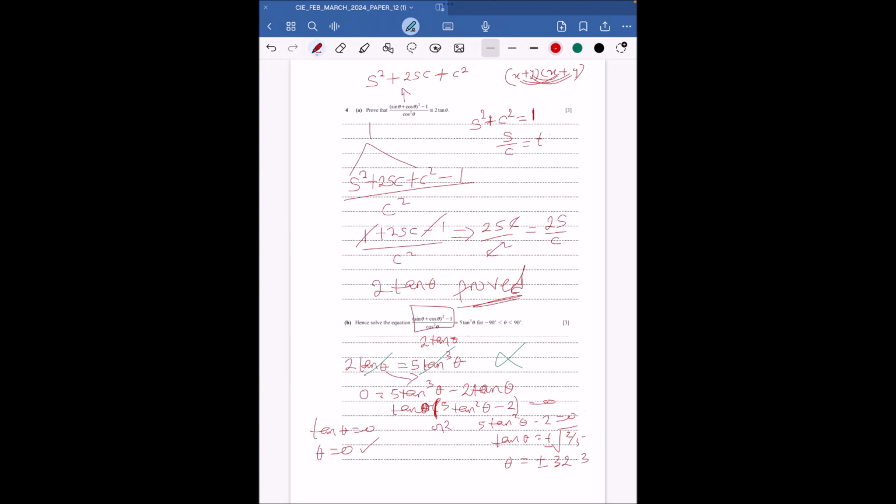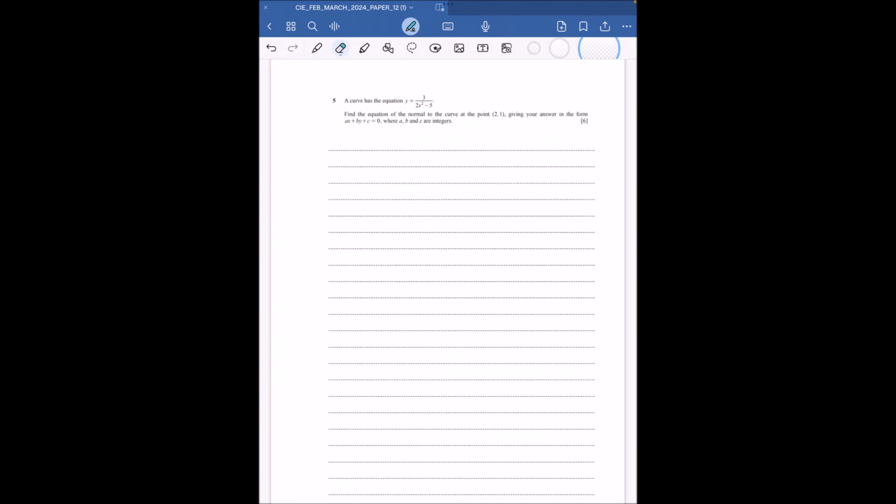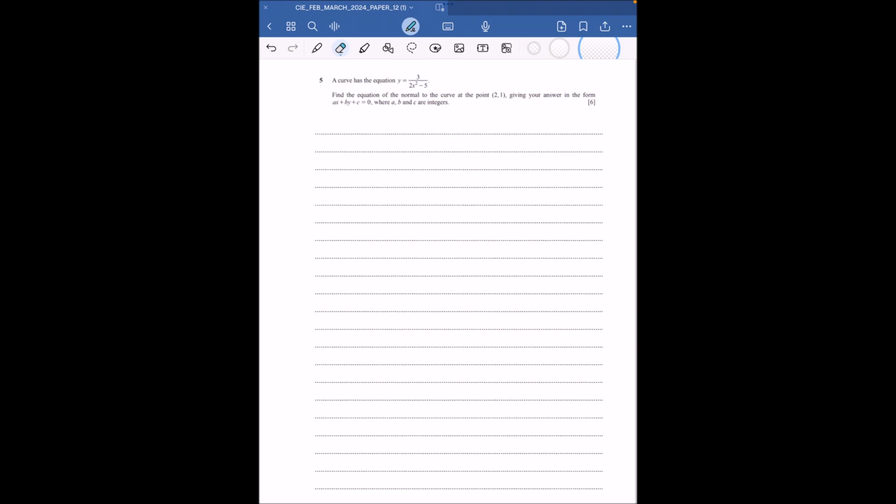So my answers are 0, 32.3, and minus 32.3. So it's very straightforward. You don't even need to use the CAST diagram here. So let's continue from number 5 now.